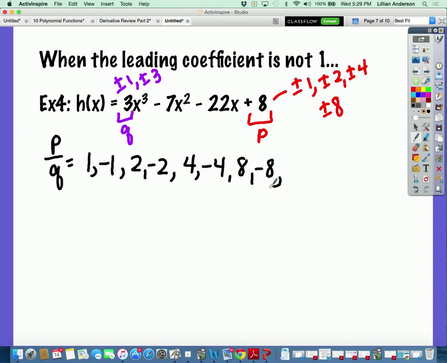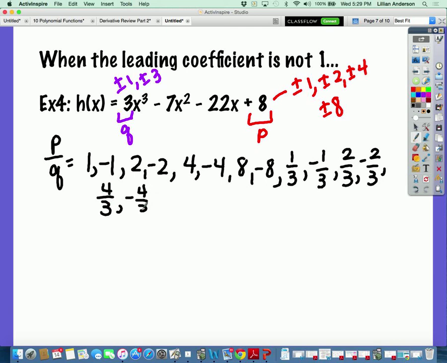Now I'm going to take this positive or negative 3, and that's going to end up being my denominator over all of my p's. So that's going to give me a positive 1/3, a negative 1/3, a positive 2/3, a negative 2/3, a positive 4/3, a negative 4/3, and then a positive 8/3, and a negative 8/3.